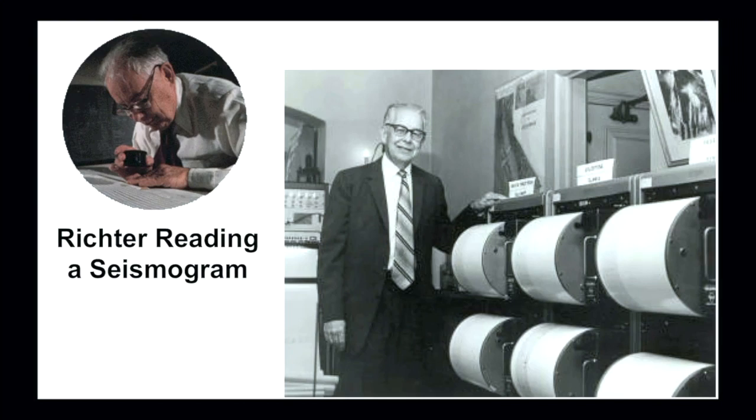This is a picture of Charles Richter of the Richter scale, a seismologist who was an undergrad at Stanford, a physics major, reading a seismogram. When we read seismograms using analog data, we typically pick the first arrival time of the P wave, the fastest moving wave, and if we're lucky, the S wave as well, and we try to locate the earthquake based on that. This is a classic helicorder recording system.